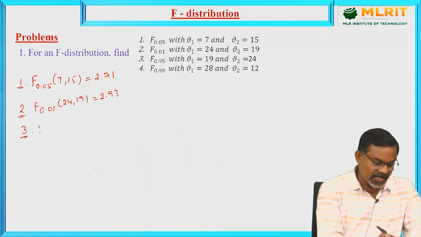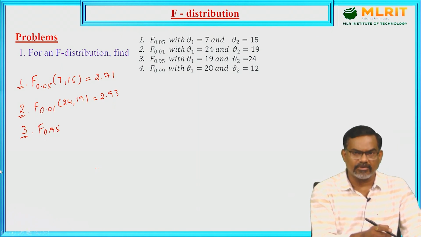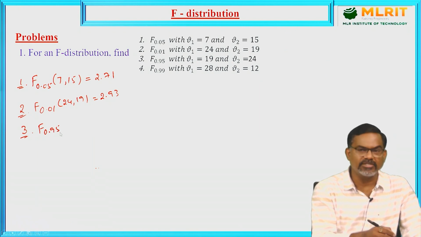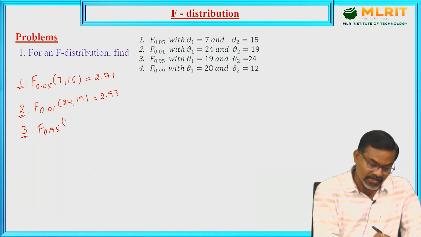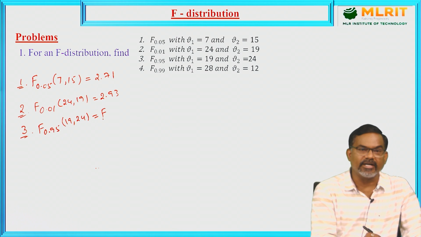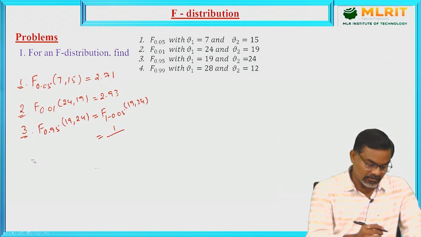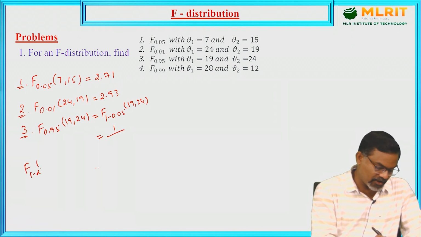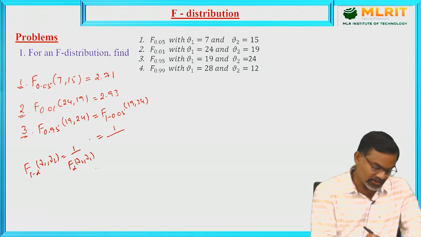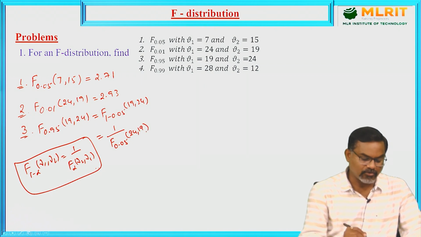Now the third one, F 0.95. Just now we have discussed that the table was constructed for 0.01 and 0.05. To find this value, we use the 0.05 table. Here this is for 19 comma 24, and F 0.95 can be written as F 1 minus 0.05 for 19 comma 24. Using the property F 1 minus alpha nu 1 nu 2 is equal to 1 by F alpha nu 2 nu 1, this is 1 by F 0.05 with the values of nu 1 and nu 2 reversed, so 24 comma 19.